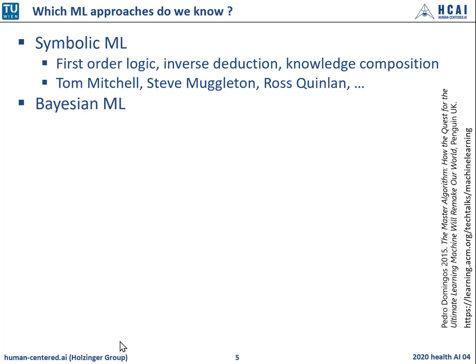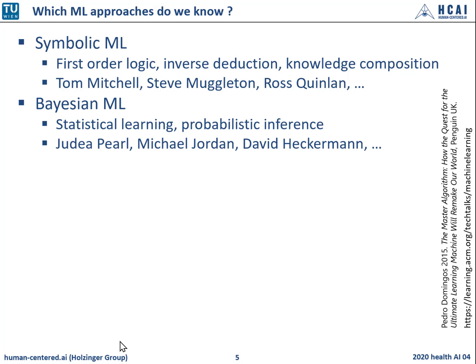On the other hand, there are the Bayesians, the Bayesian machine learning. This is based on statistical, probabilistic approaches, probabilistic inference, and the Bayesians say that we have a huge uncertainty in the world. So this is typically Judea Pearl or Michael Jordan, David Heckerman, and so on.